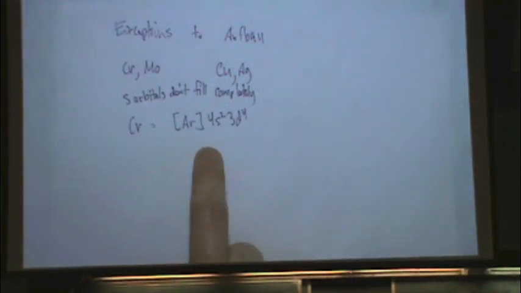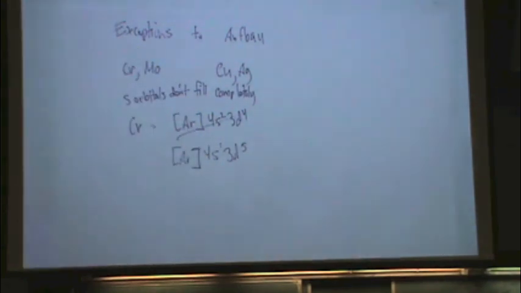So let's look at chromium first. We'll start with the nearest noble gas, which is argon. As we fill that up, if we did it normally, it would be 4s2, and then we would have 1, 2, 3, 4 d electrons, so 3d4. But this electron configuration is incorrect.